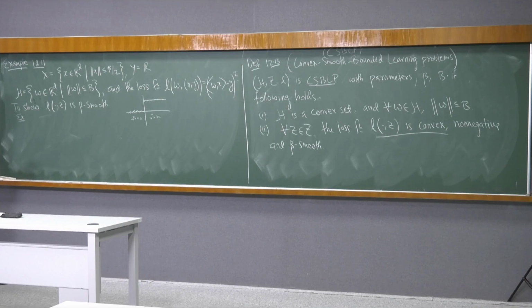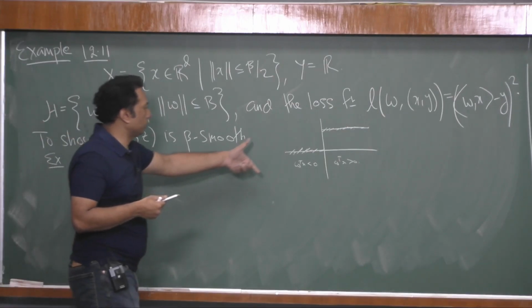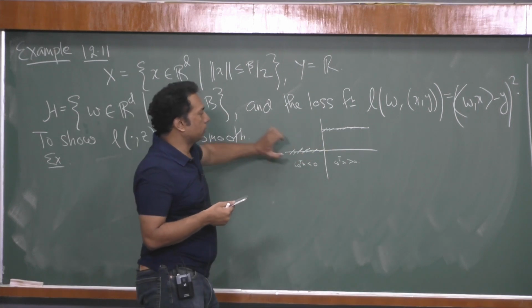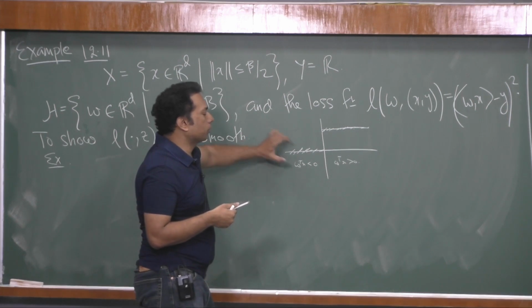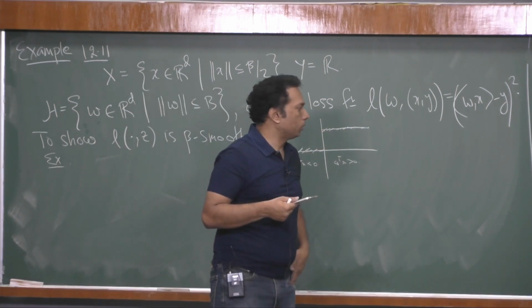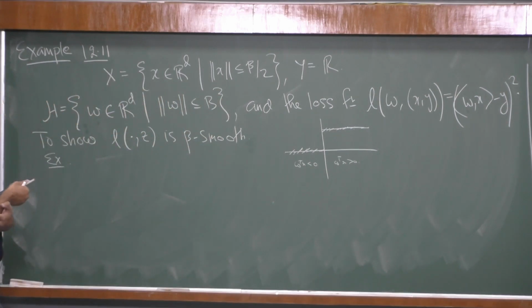A natural argument is that we need convexity, because without convexity you may not necessarily guarantee the optimization.